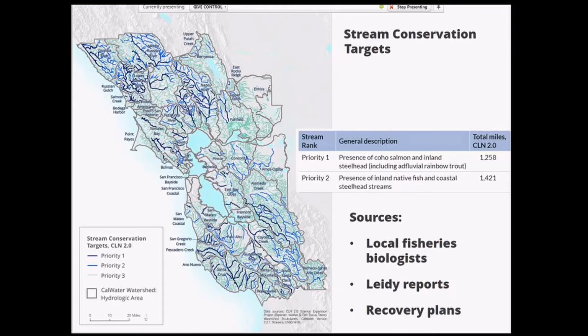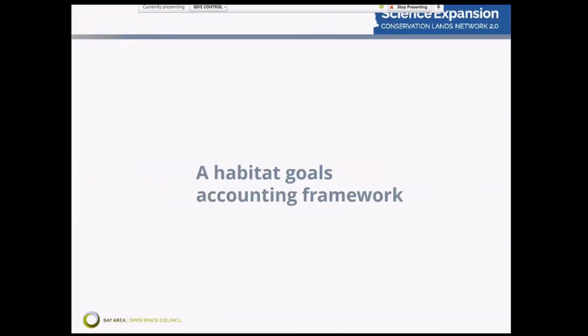So I just want to go through a little bit more about how we're leveraging this information. It's all well and good to have ranked all these habitats, to have designed a reserve, or a network design. But I mentioned at the outset that we also want to use all of this as a way to communicate progress over time. And that's a function that is very valuable at the regional scale.